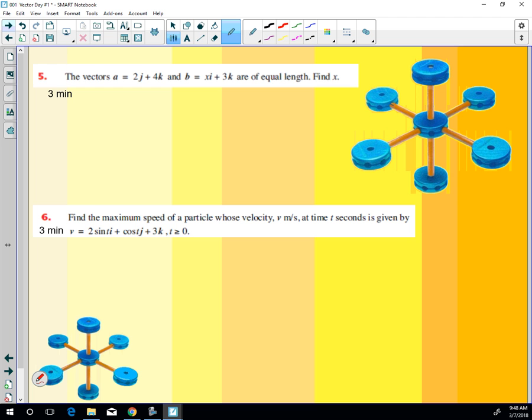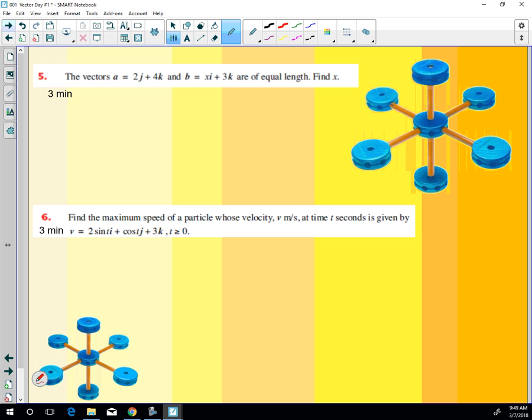What do you think? Maximum speed. Will, what do you think? Do you think it would work to take just the derivative of this?